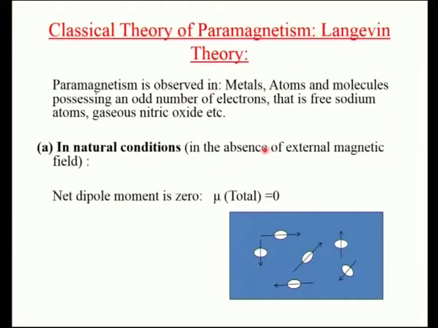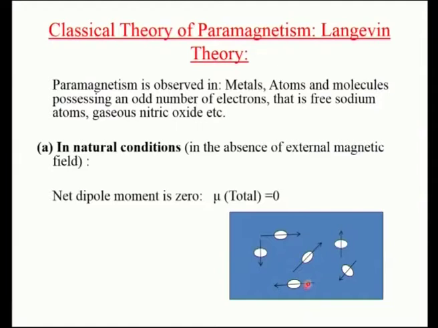Here paramagnetism is observed in metals, atoms and molecules possessing an odd number of electrons, for example free sodium atoms, gaseous nitric oxide, etc. One important thing in all these is that they all have free electrons liberated from their valence shells, and particularly in metals, these free electrons move randomly and freely over the entire volume of the material.